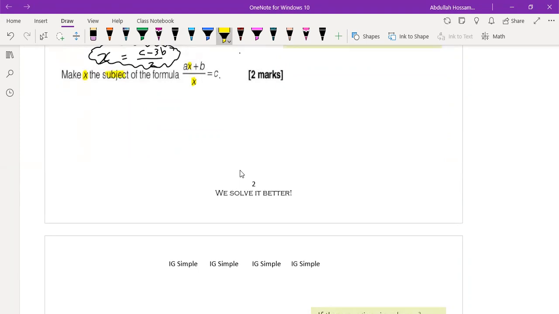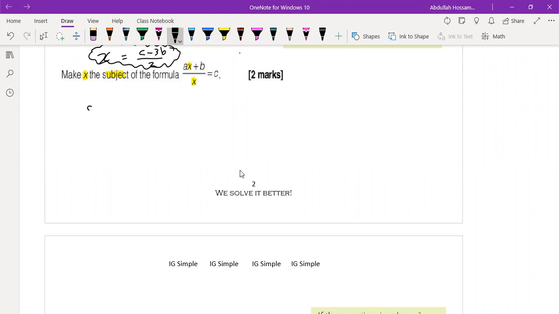Well, first of all, we need to clear the fractions. We have fractions here. So how can we clear x? Basically, multiply by the denominator, the number down here. What is the number down here? It is x. So I multiply by x to clear it.